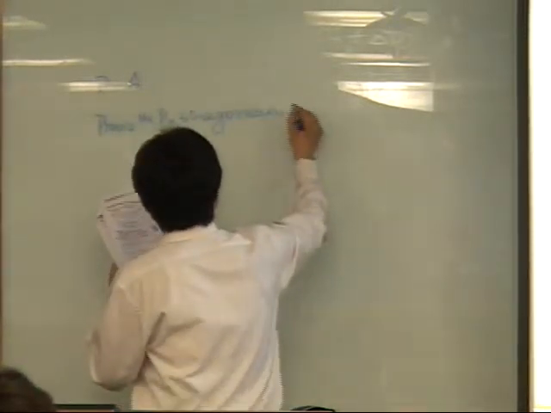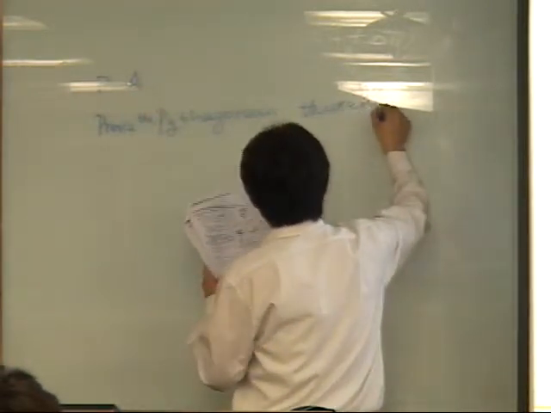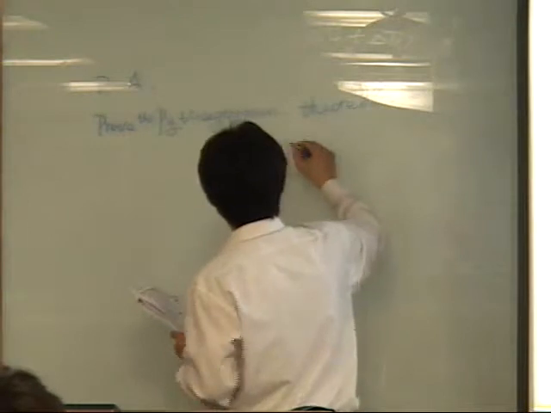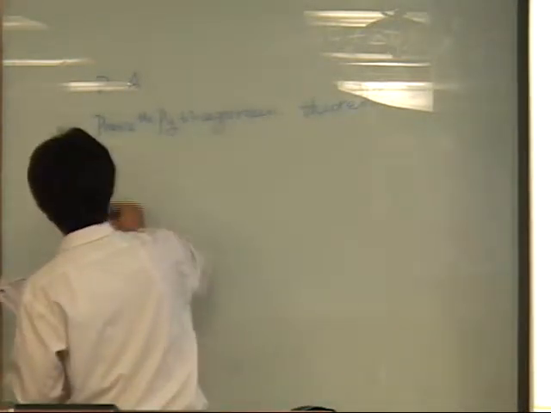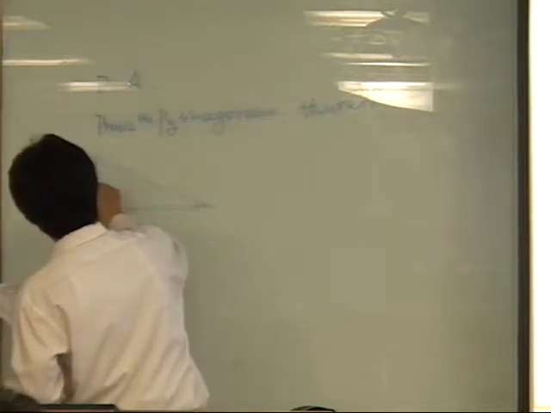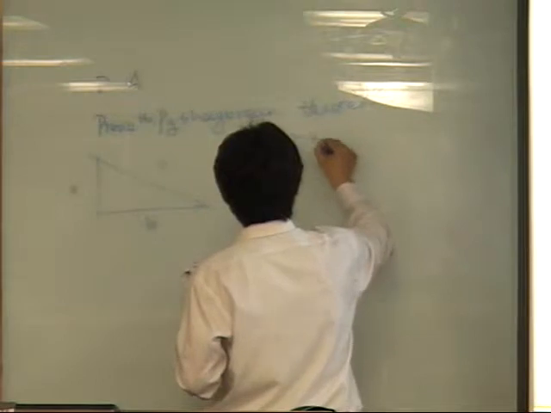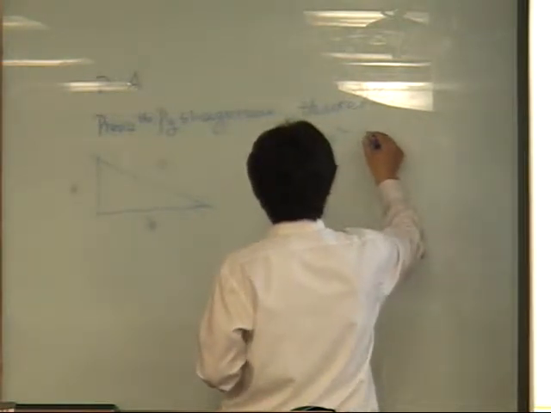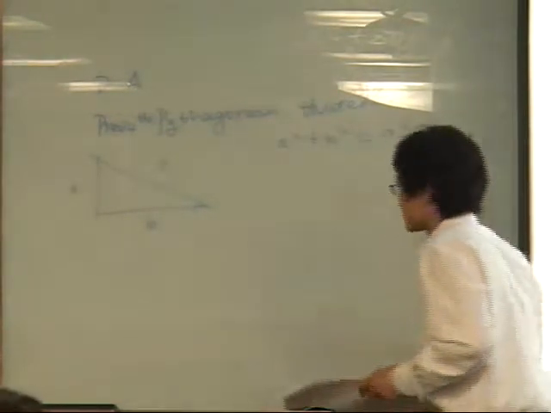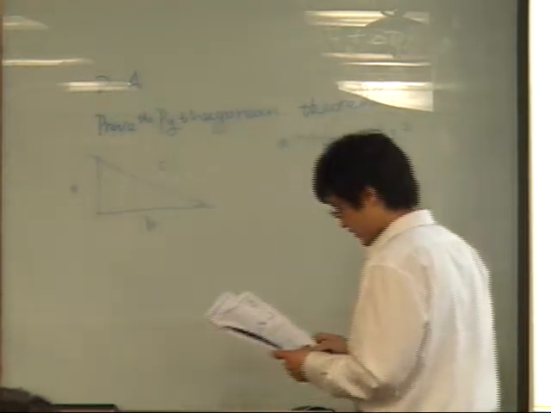You guys probably know a lot of ways to prove this, right? A, B, C, A squared plus B squared equals C squared. How are we going to do this?